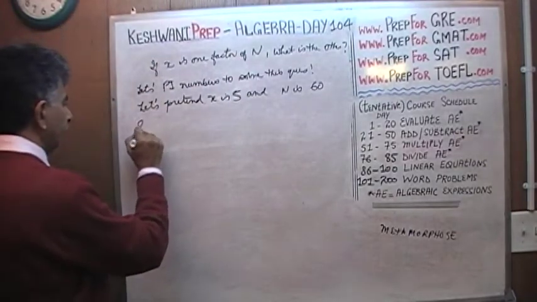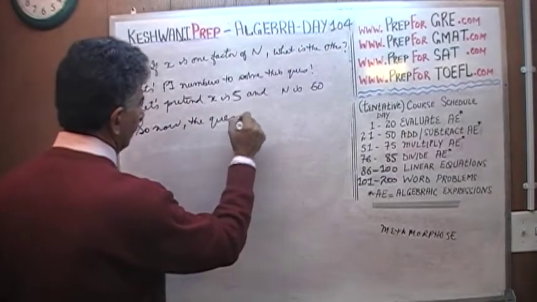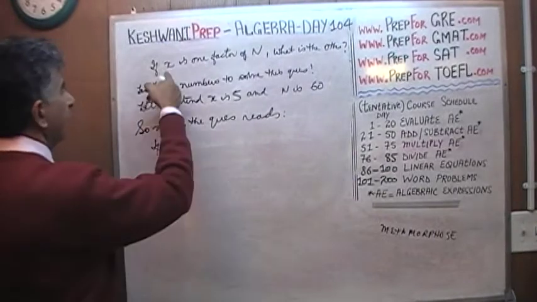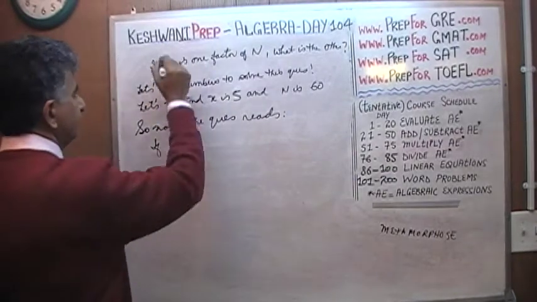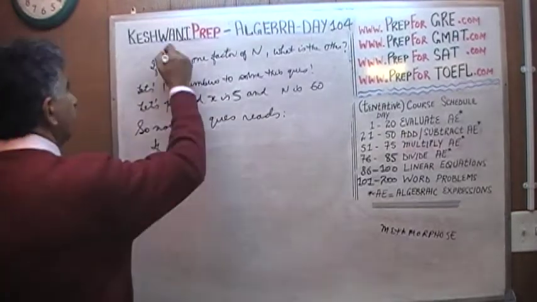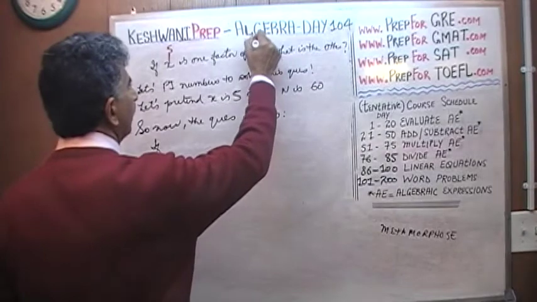So now the question reads, if x, which is 5, and n, which is 60.